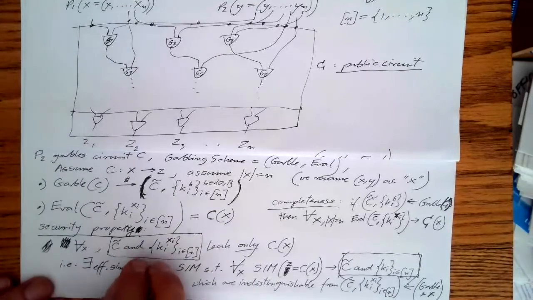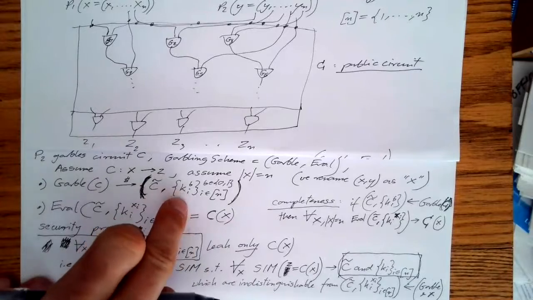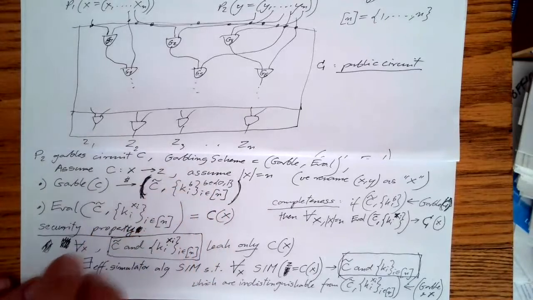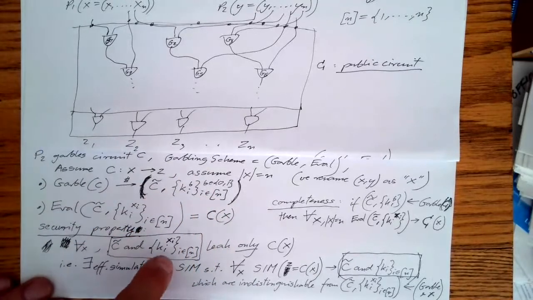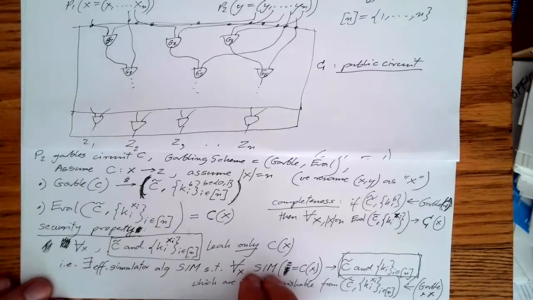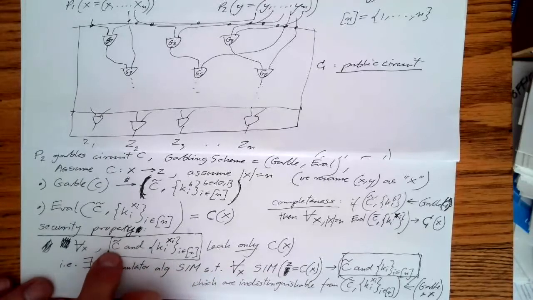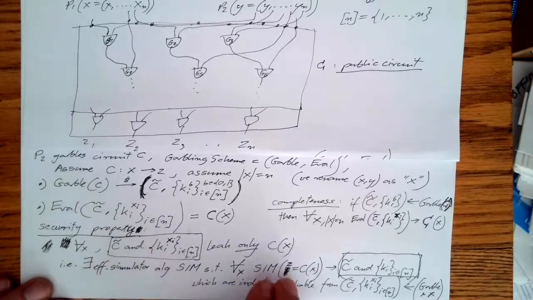There are two things that determine it. First, the garbling procedure determines the whole set of keys, and then the choice of X determines the particular keys that are revealed in this view. A garbling scheme is secure if there is an efficient simulator that can create something that looks like a garbled circuit and something that looks like these n keys corresponding to input X, but the simulator does it without knowing X, using just the output Z.